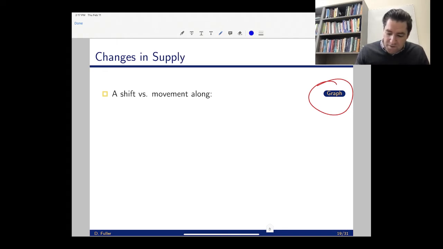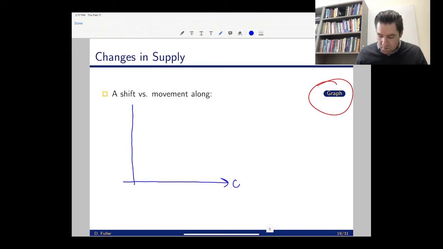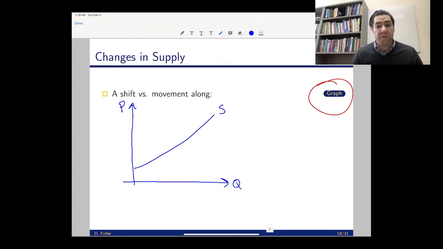So if I draw out a supply curve, quantity on the horizontal axis, the price on the vertical axis. Supply is upward sloping. So a shift of the supply curve is going to mean that at every price, I want to supply more or less.